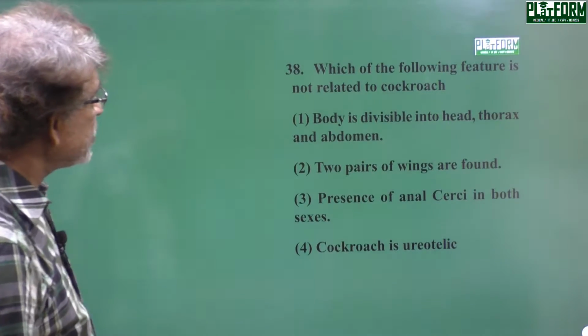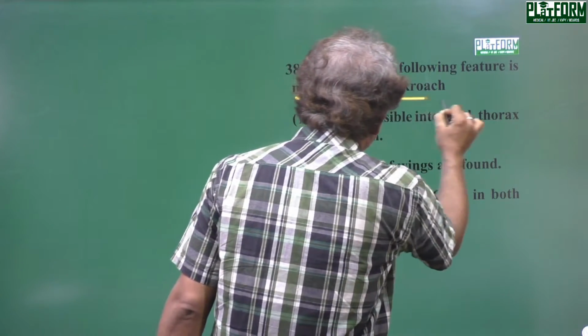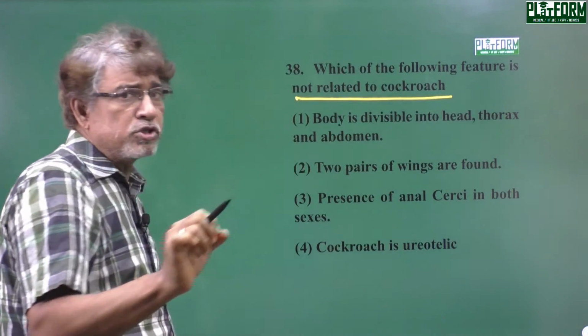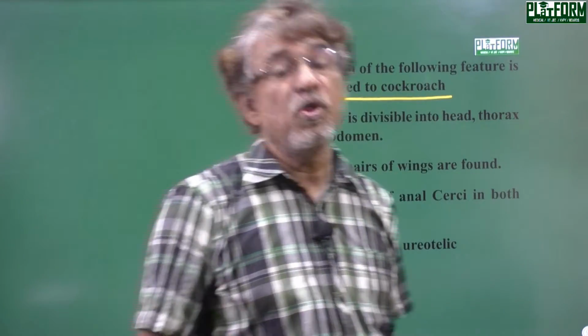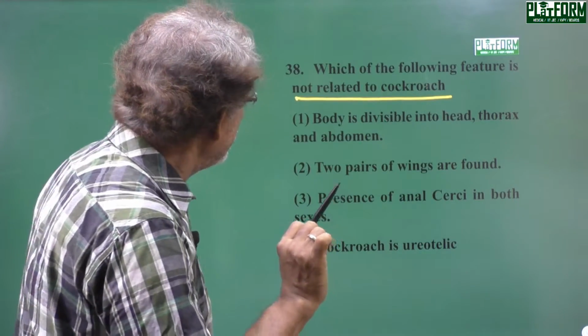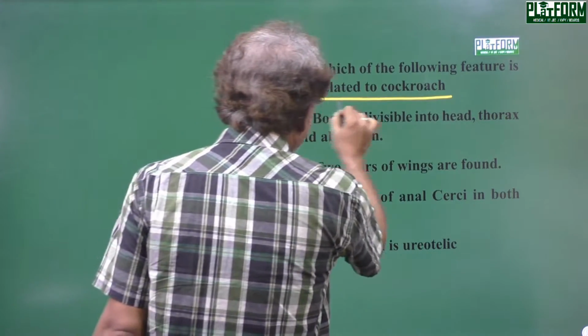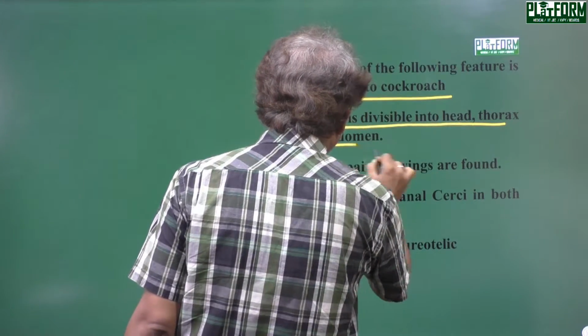Second question, which of the following feature is not related to cockroach? This question comes from structural organization in animals. Only cockroach. Which of the following feature is not related to cockroach? Body is divisible into head, thorax and abdomen.